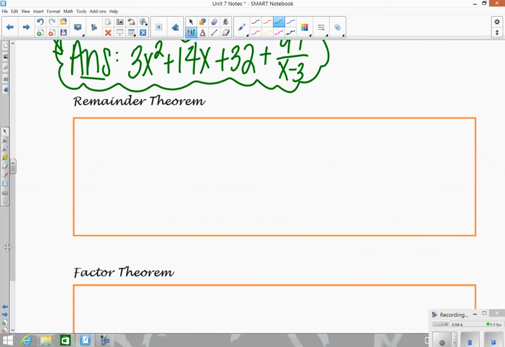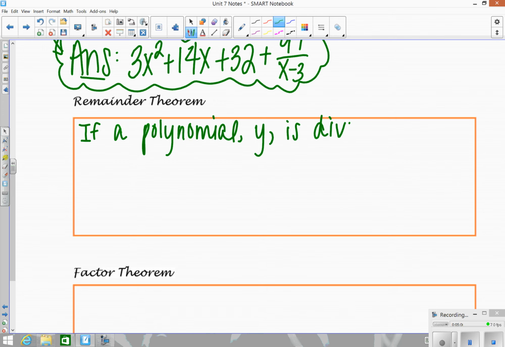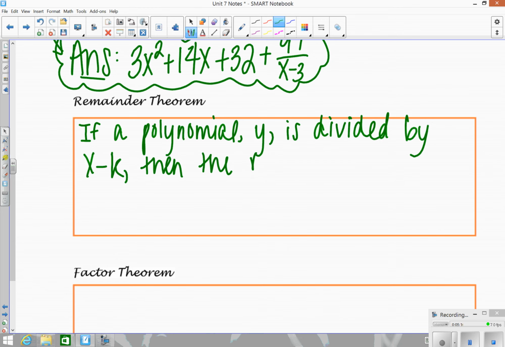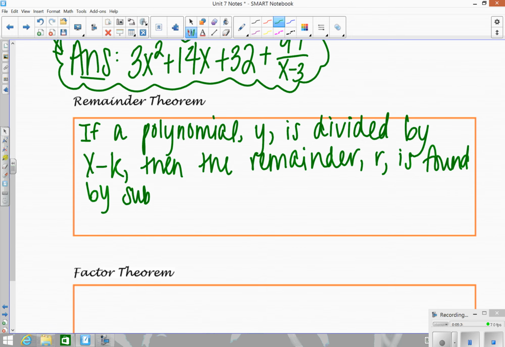So the remainder theorem says that if a polynomial y is divided by x minus k, then the remainder r is found by substituting k into the polynomial.